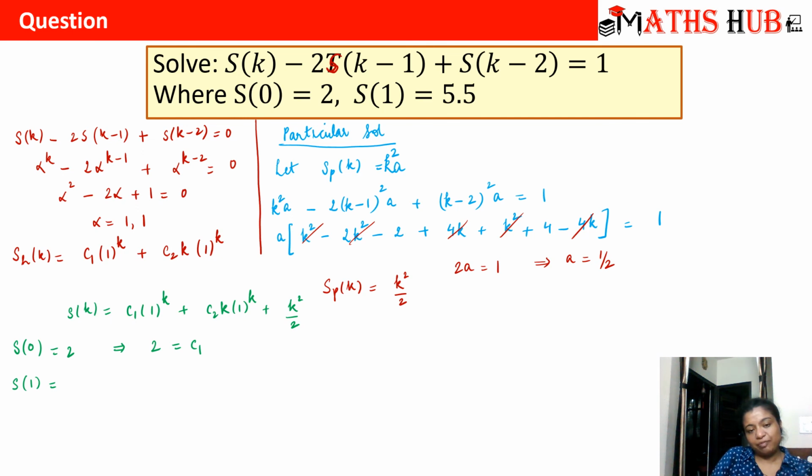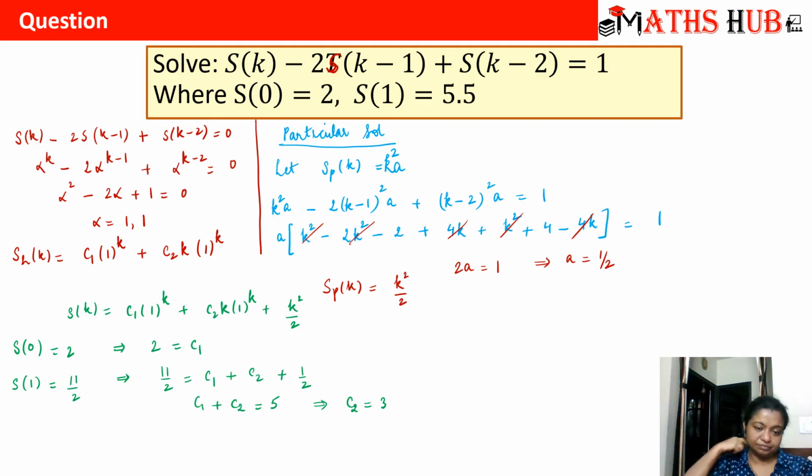So what is 5.5? Is it 11 by 2? Yes. So now 11 by 2 is equal to C1 plus C2 plus 1 by 2. So we get C1 plus C2 is equal to 11 by 2 minus 1 by 2. On the left side, it is 10 by 2, so that is 5. So if C1 is 2, that means C2 will come out to be 3.